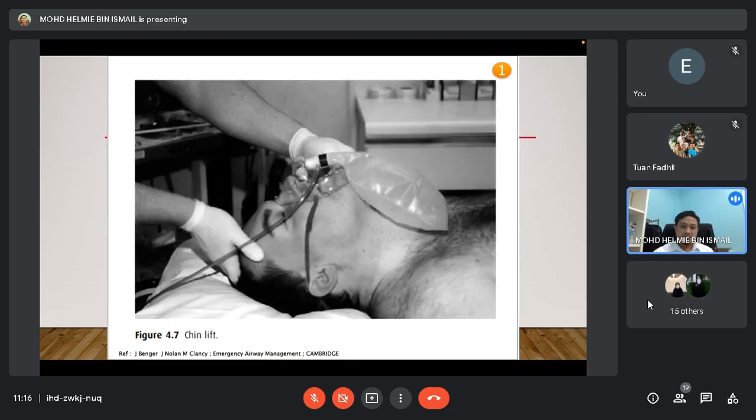For the head tilt chin lift, you mobilize the head, you head tilt and then chin lift, and at the same time you mobilize your neck. So for the trauma patient, you need to use a jaw thrust.